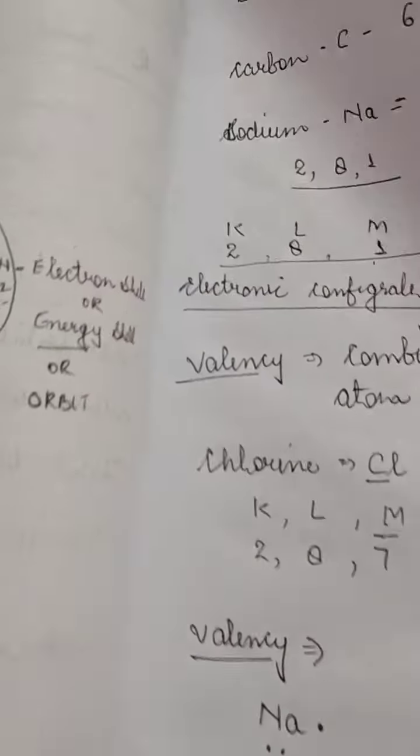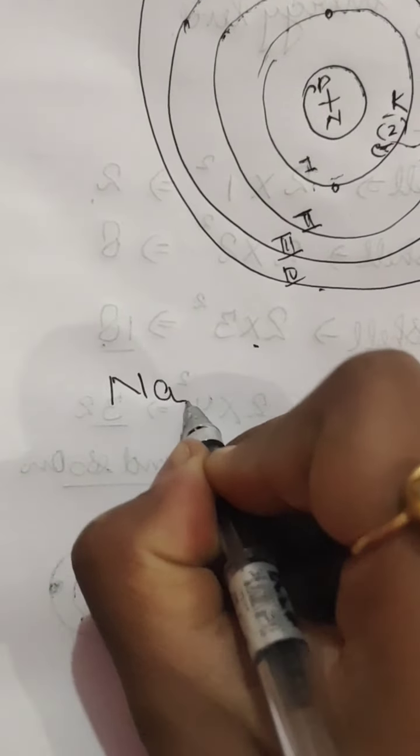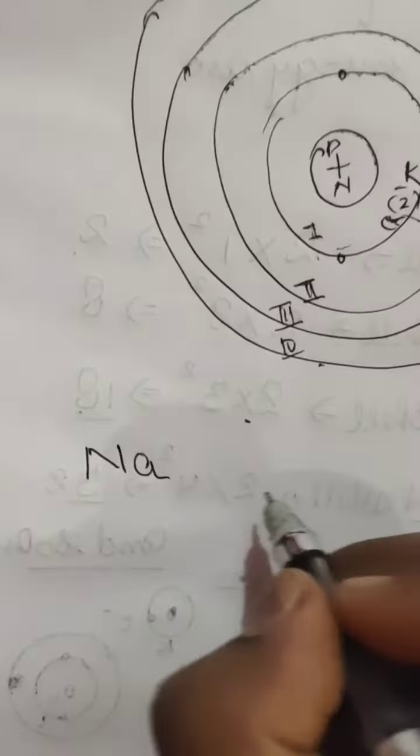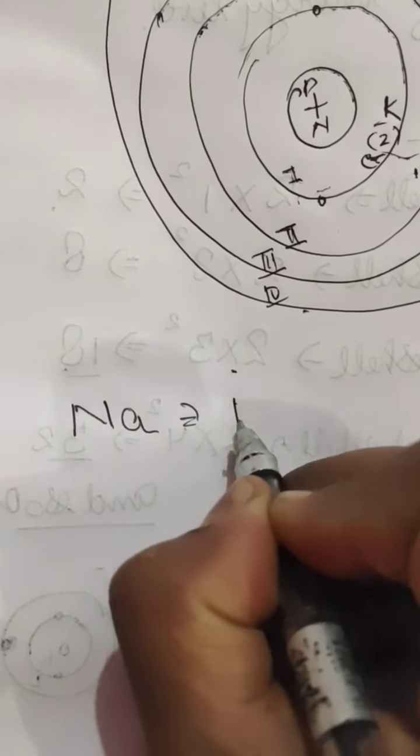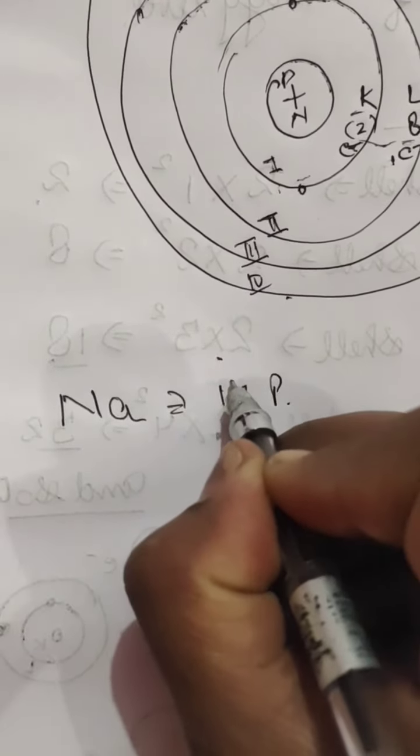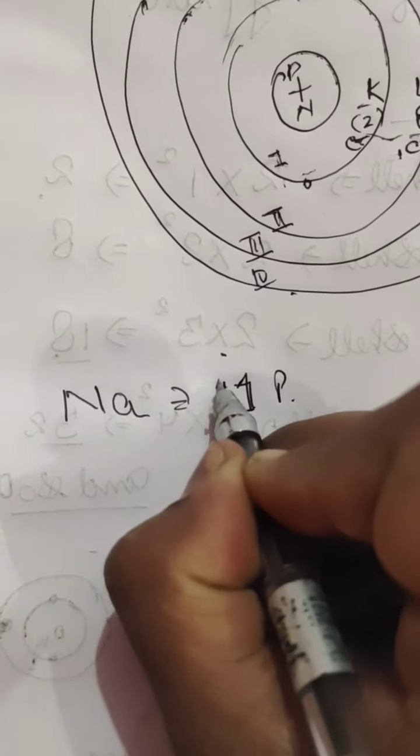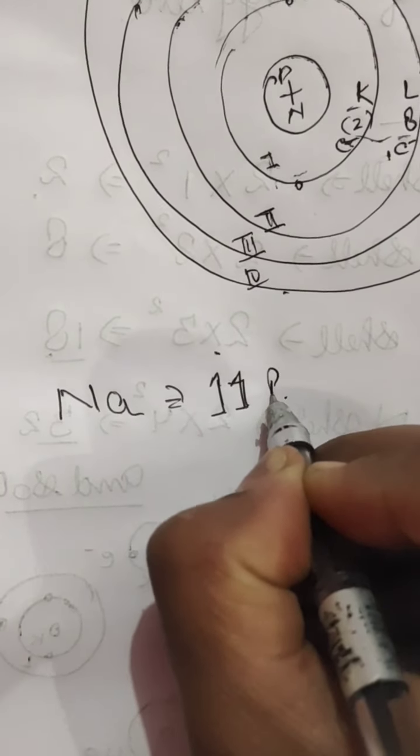Now what is the story behind this negative ion and positive ion? For example, sodium has 11 protons.